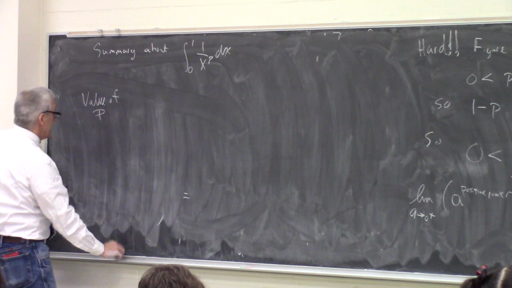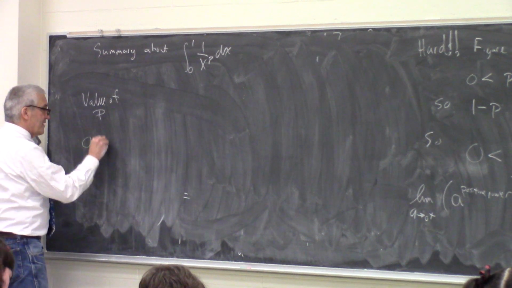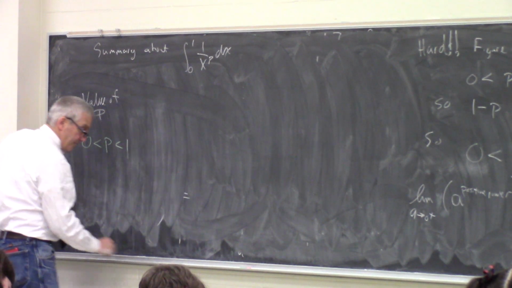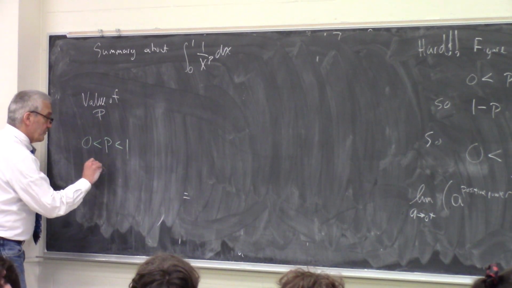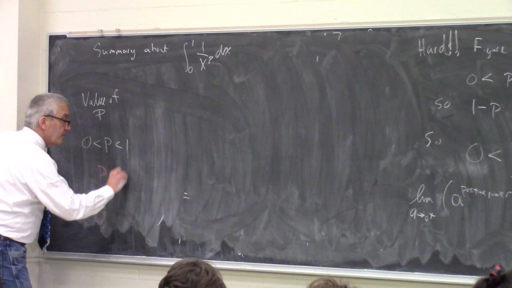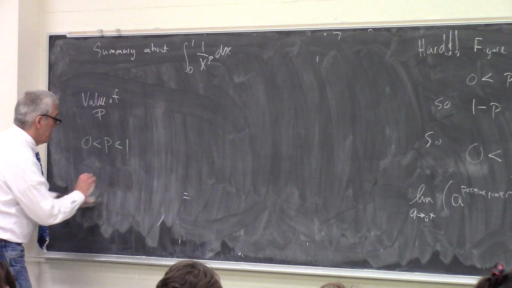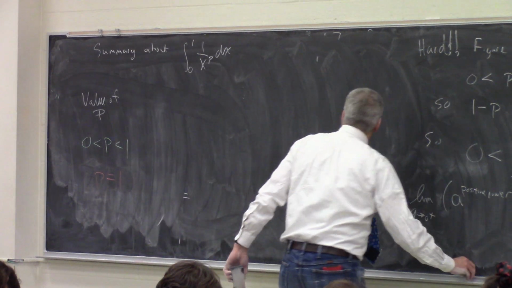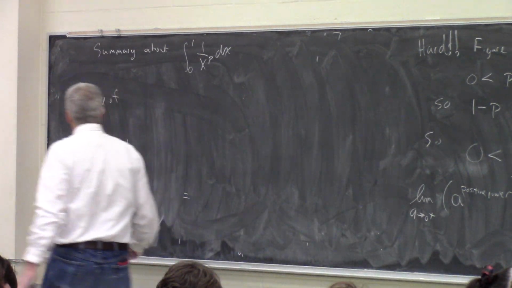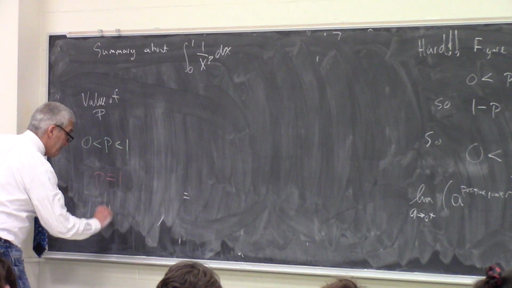So we have the green case, 0 is less than p, less than 1. We have the red case, which is just 1 over x, so p equals 1. And then we have the blue case, which is p greater than 1, or I like to say 1 is less than p.